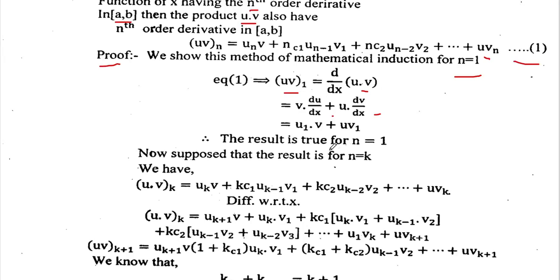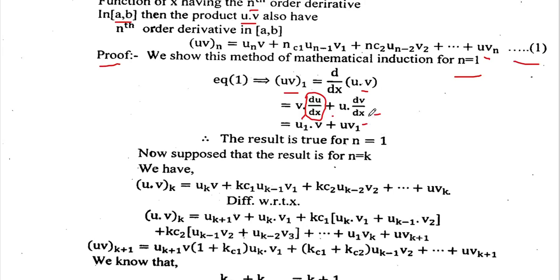Okay, so du by dx is denoted as u1. This is the notation: u1 means du by dx, and this v term is as it is, plus u term as it is, dv by dx, means differentiation with respect to x, and it is denoted as v1.